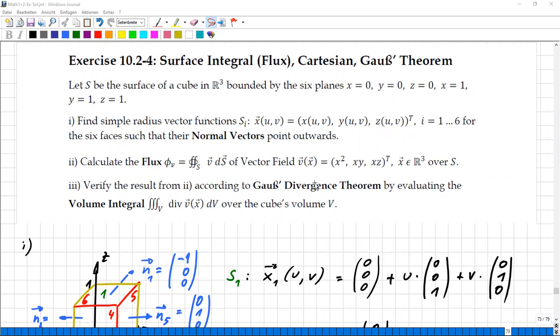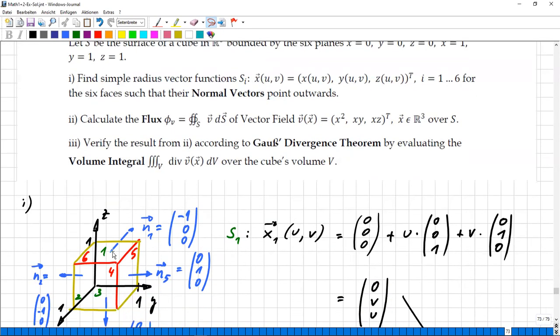Well, we've been considering this little cube here as a closed surface, and we've already found the correct radius vector functions for the first three of its faces, which are numbered as you see in the sketch. Number one is the back face, number two the left face, number three is the bottom face, and now we're still missing the corresponding radius vector functions for faces number 4, 5, and 6.